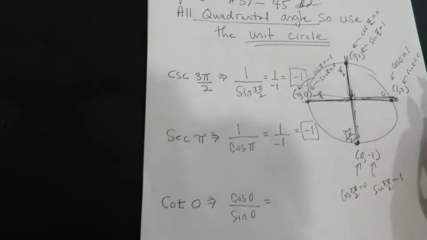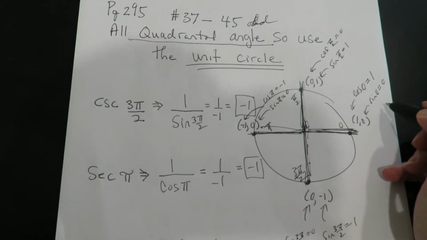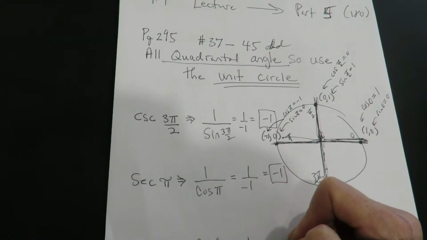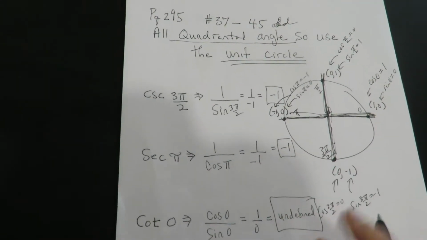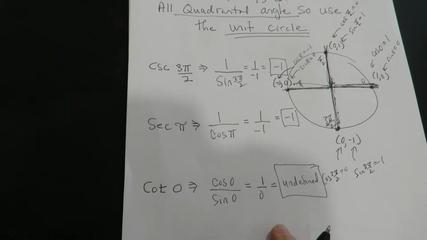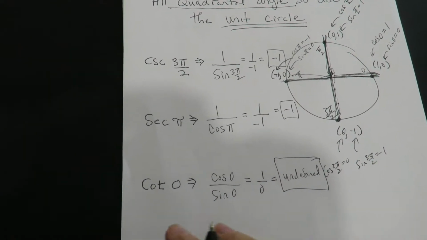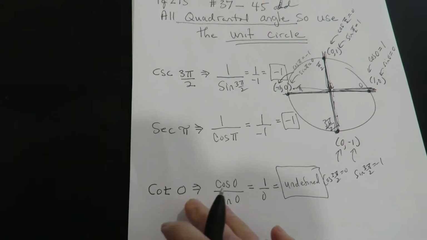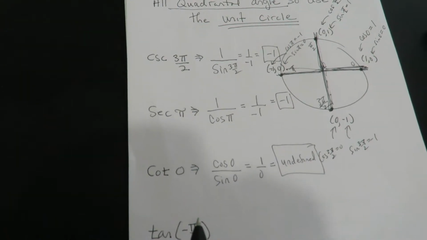So I'm going to do cosine of 0, which is 1, over the sine of 0, which is 0, and that means this is undefined because you're dividing by 0. So there's no answer for that one. If you're interested, graphically what's happening is that you're at a vertical asymptote. This is actually a domain restriction. There's a vertical asymptote at 0 for the cotangent function.